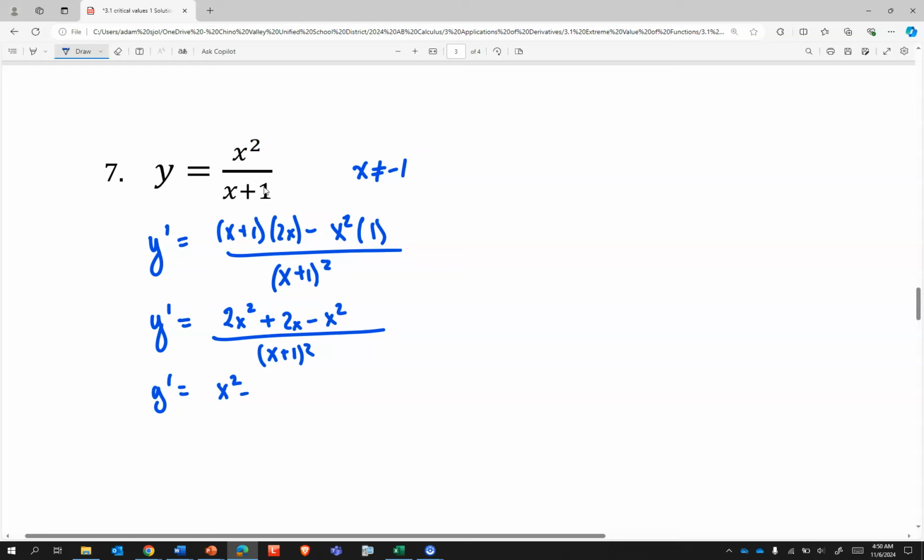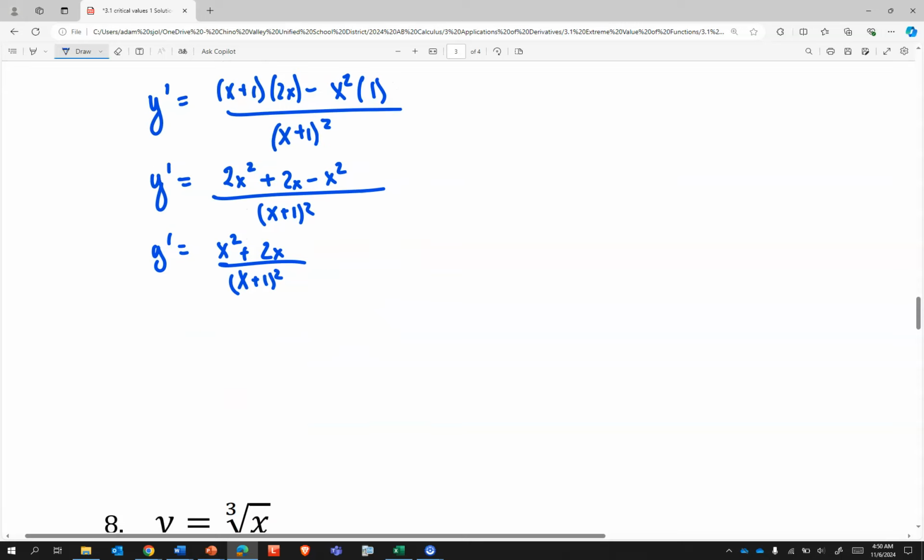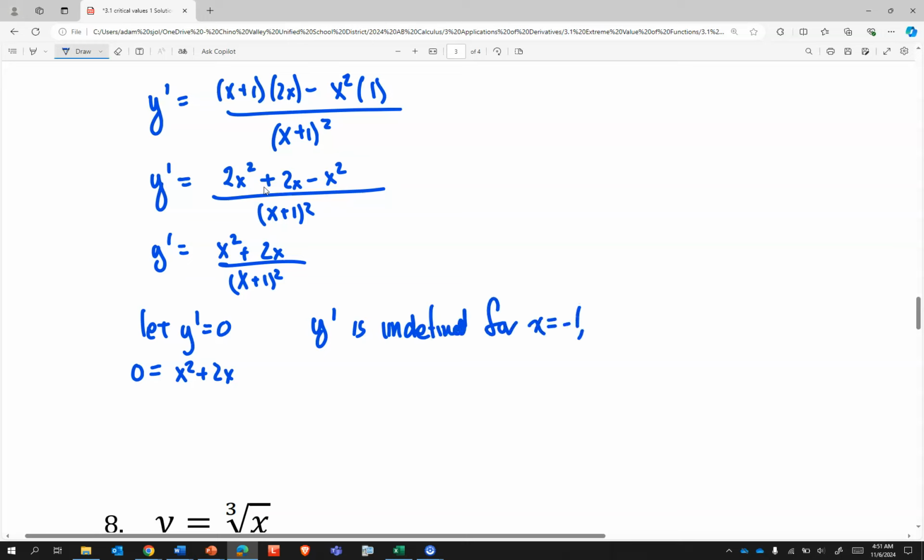And so that's (x squared minus 2x plus 2x) over (x plus 1) squared. So we're going to let y prime equal 0. 0 equals x squared plus 2x. And y prime is undefined for x equals -1, which is not part of the domain.